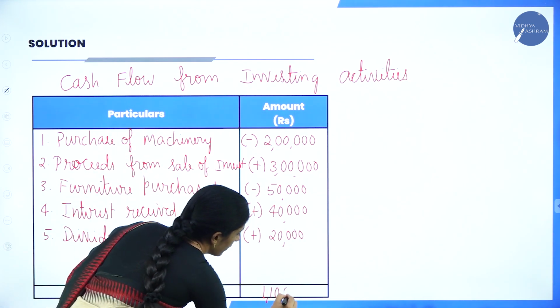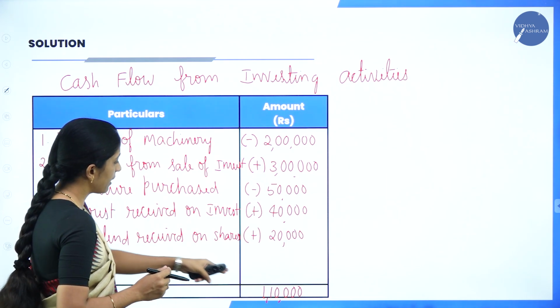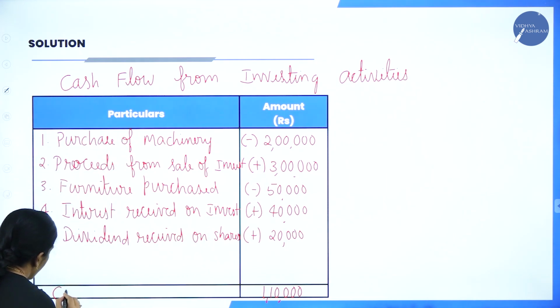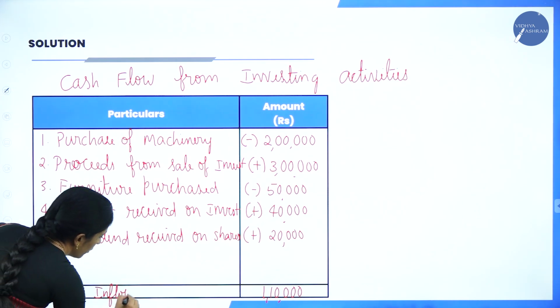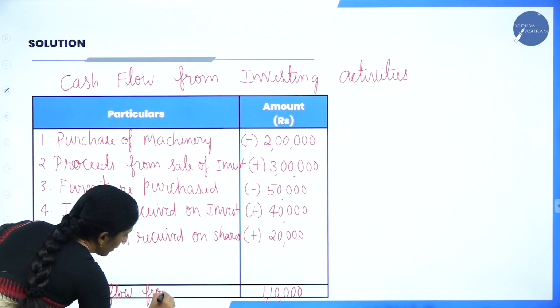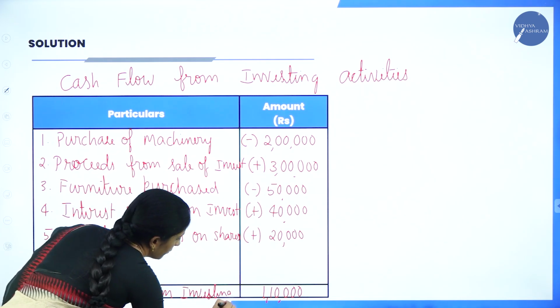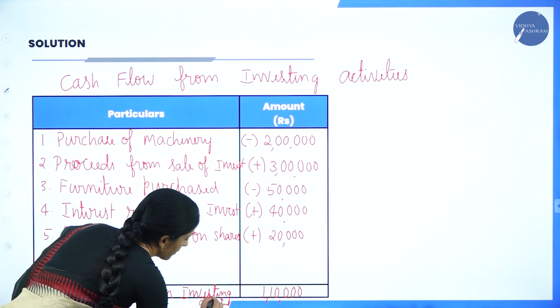What is the answer? 1 lakh 10,000, and the amount is positive. So it is cash inflow from investing activities.